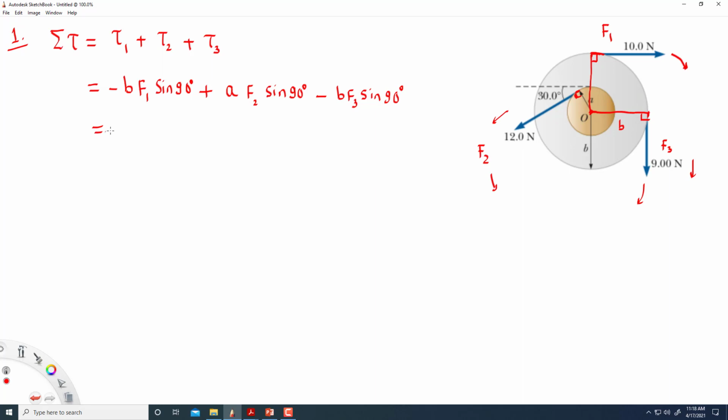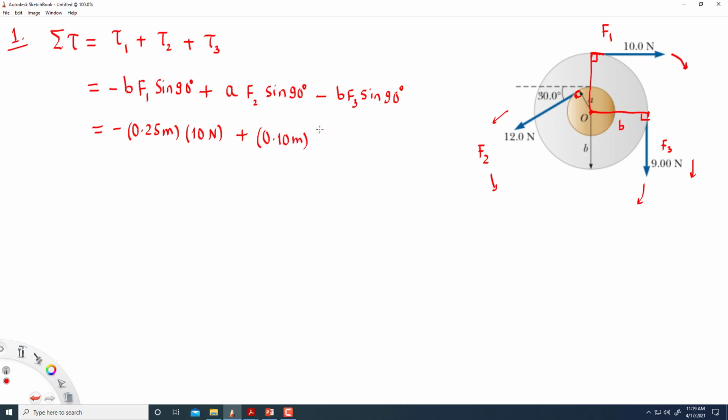Okay, so now plug in the numbers. We have B of 25 centimeters. In terms of meters, it would be 0.25 meters. Force 1 is 10 Newton. Sine 90 is 1. A is 10 centimeters, which is 0.1 meter.